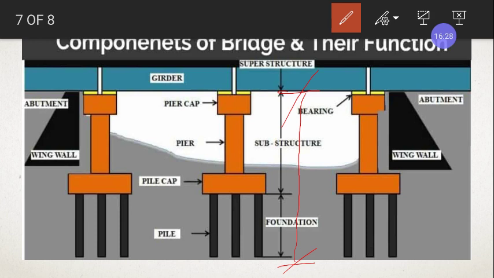Next is the bearing. Bearings are for the transverse and longitudinal movements of the girders and the road surface, or you can say the superstructure, that is, the slab or beam. Why is this movement required? Due to the movement of the vehicles, they try to push the bridge in the direction in which the vehicles are moving, and the bridge will slightly try to move due to the force applied.